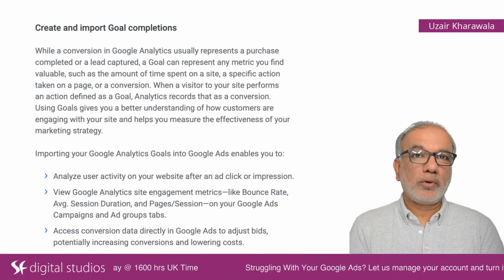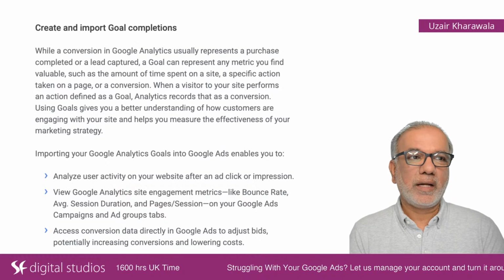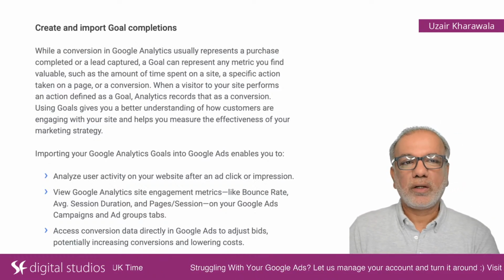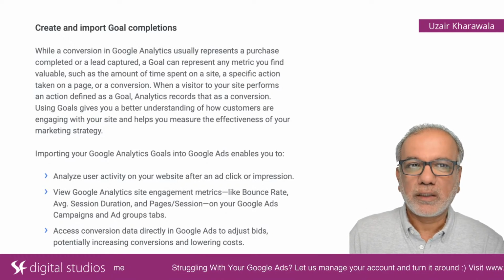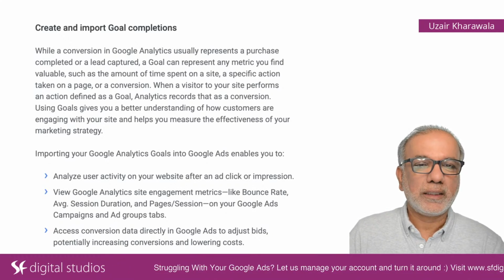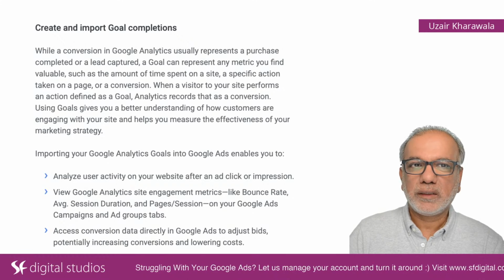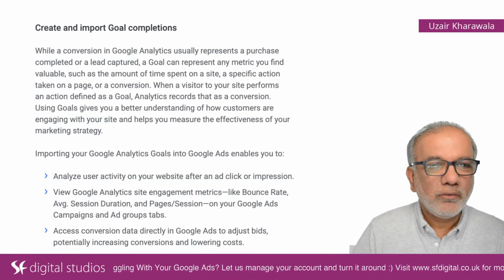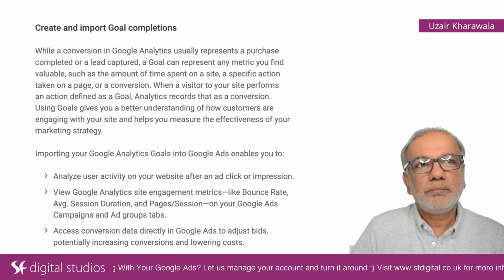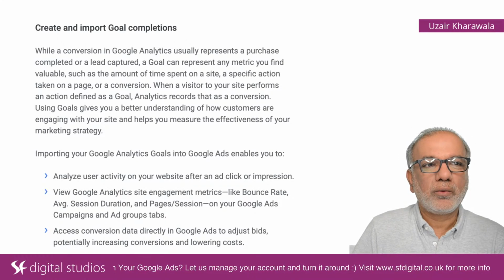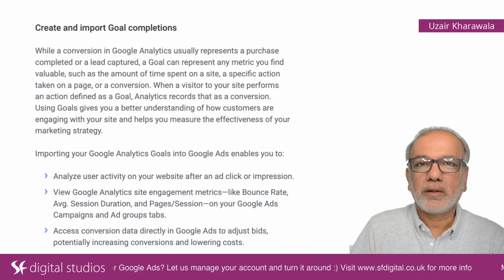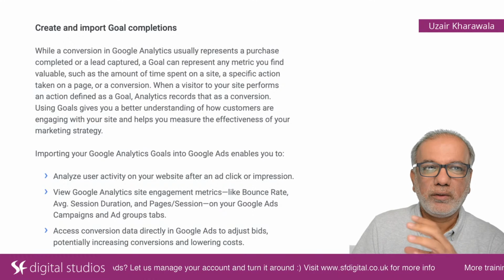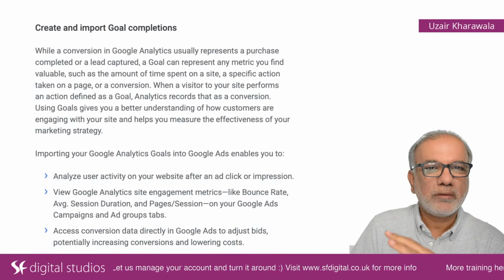These are extremely important goals and events in analytics. So obviously we are looking for the conversions. Everybody needs a hard conversion, which could be a purchase, a call, or a lead. But then you will also want to track the micro goals, which I've talked about quite a bit in the past. So if somebody hasn't converted, we need to look at some other metrics because we don't have that conversion data.